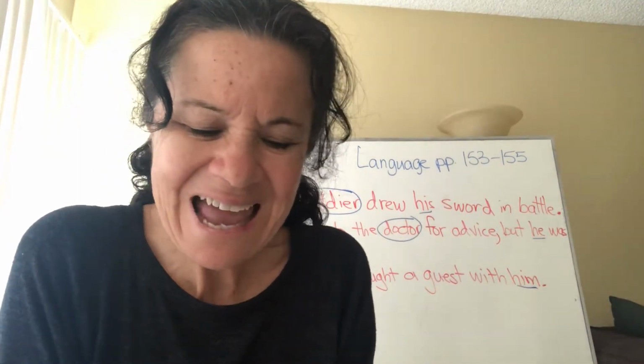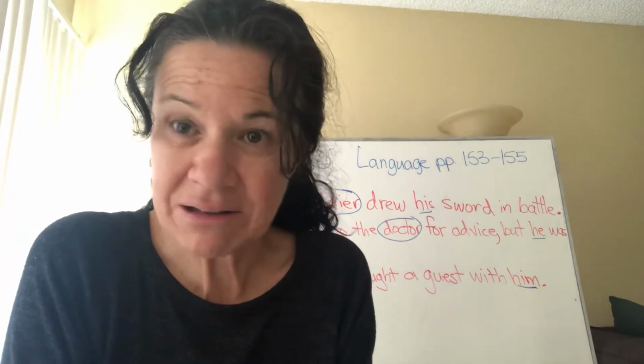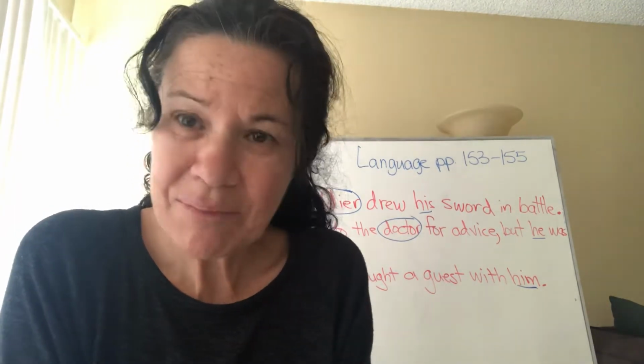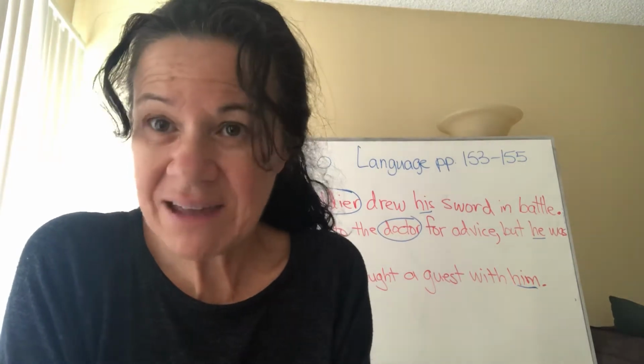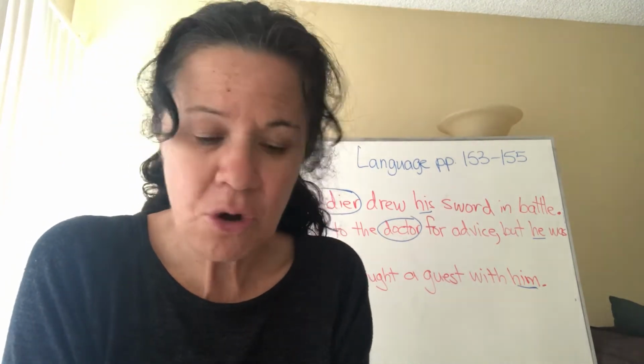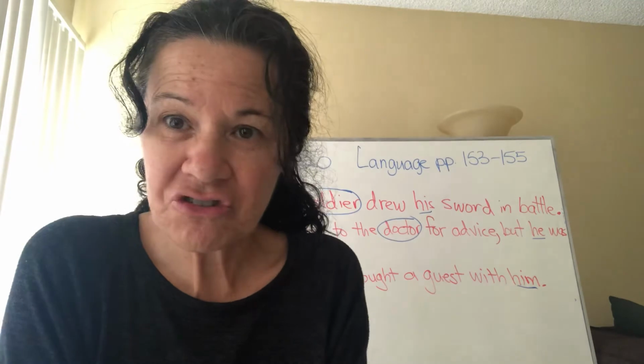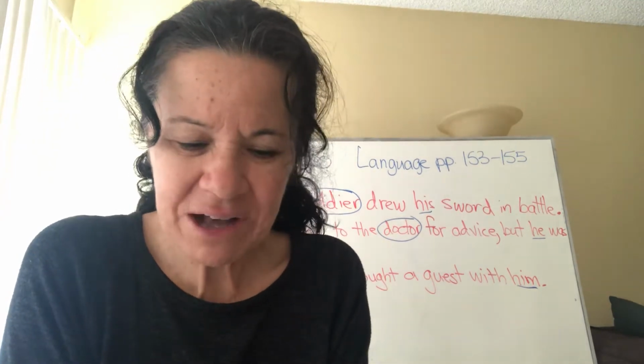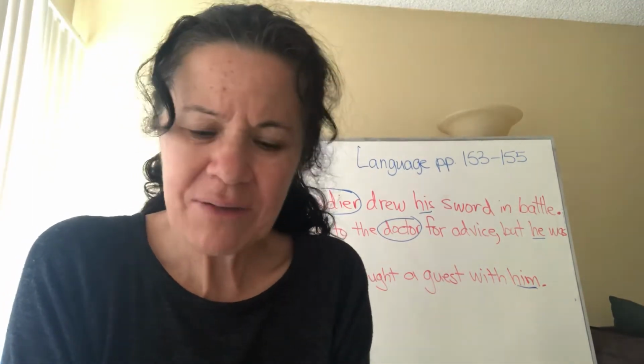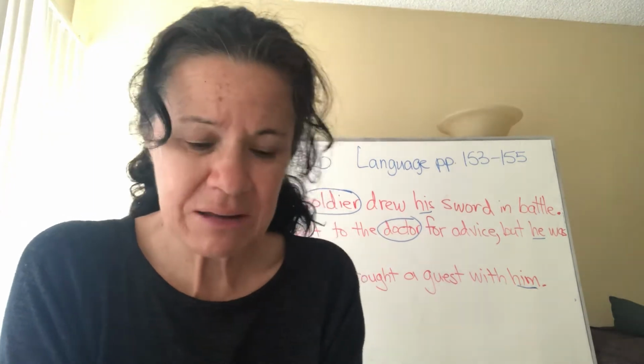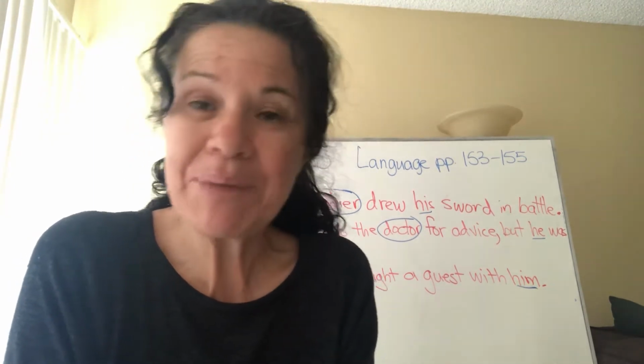So it says, he and I had pizza for lunch. That sounds good. He is the subject. It is a subjective case personal pronoun. Number 2, we had pizza for lunch. We is the subject. It's a subjective case personal pronoun, is what they're called. They had pizza for lunch.